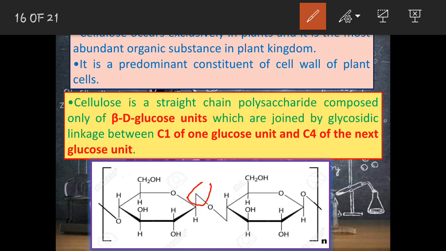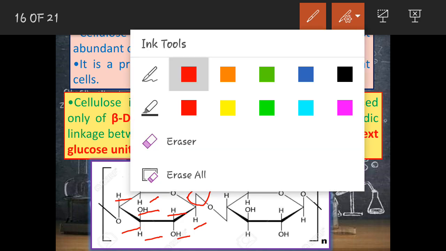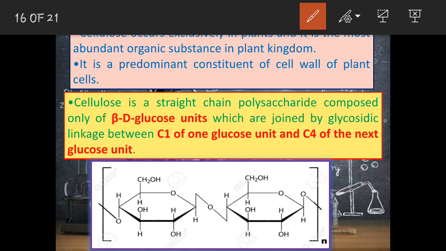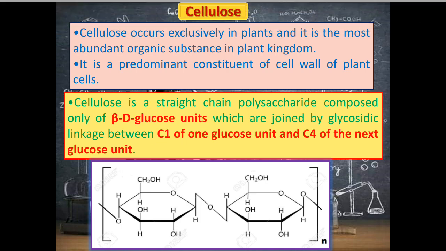If you write the structure of beta D plus glucose, whatever the round marking I have done, there OH, here H, H, OH, OH, H, H, OH, then CH2OH, H will be there. This beta D plus glucose links with another beta D plus glucose.